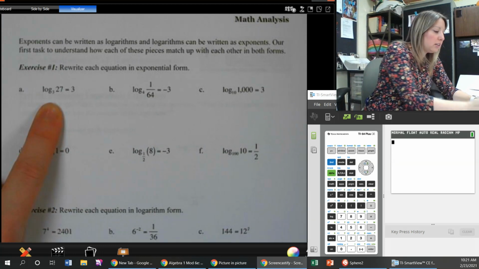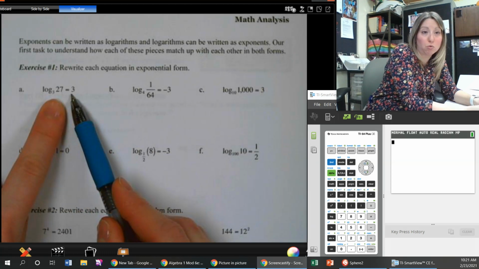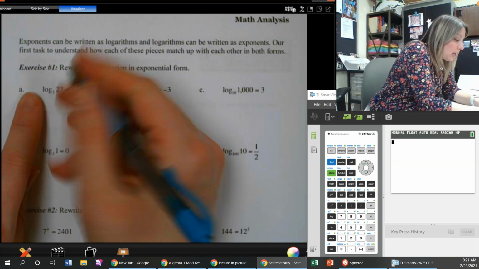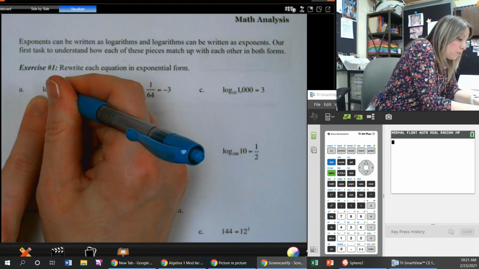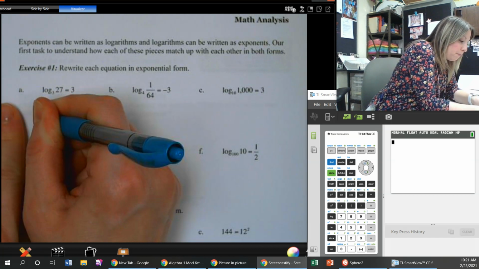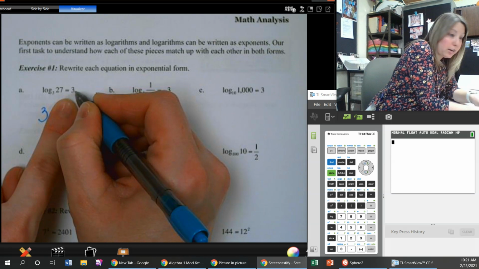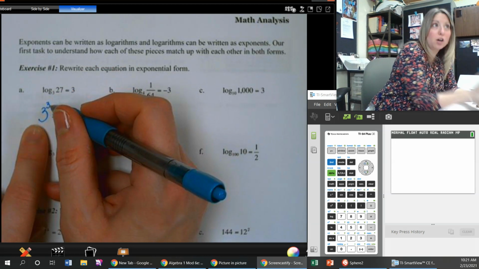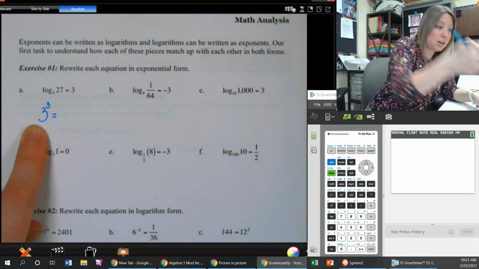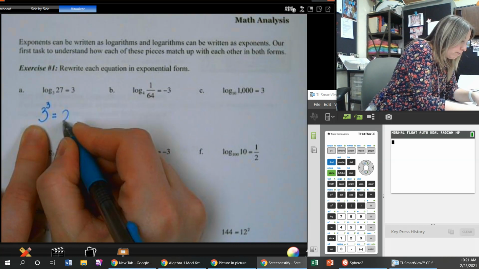So when I see log base 3 to 27 equals 3, this is saying convert this back into exponential form, right? So your base is 3, your exponent is your answer in the log, and this 3 to the third power, 3 times 3 times 3, is 27.